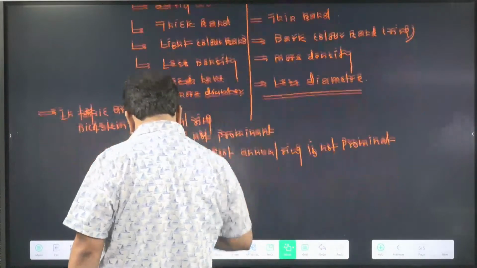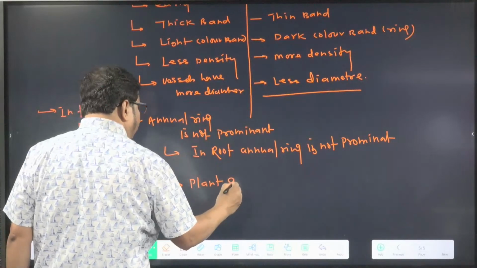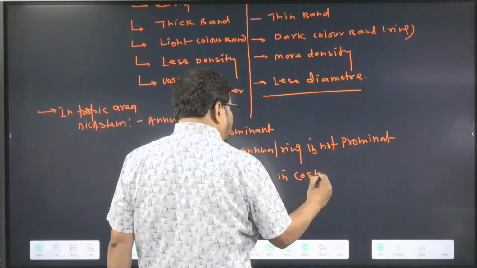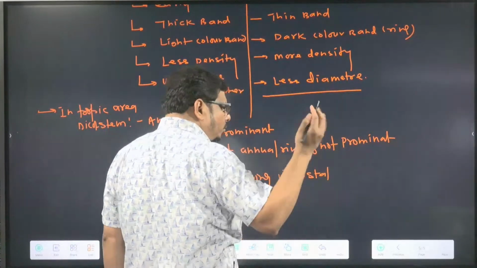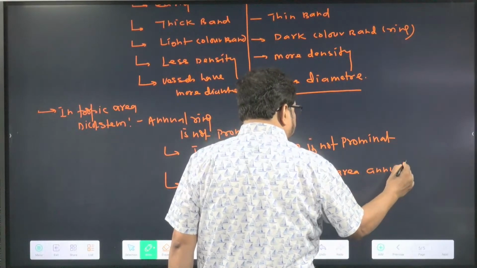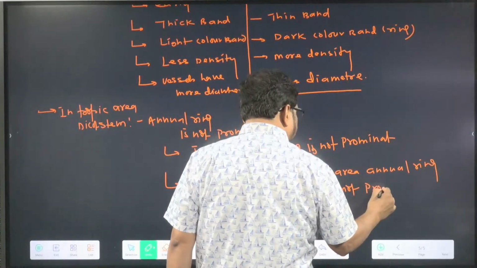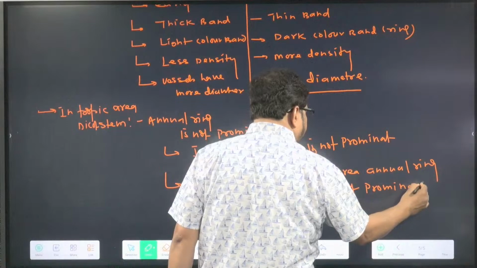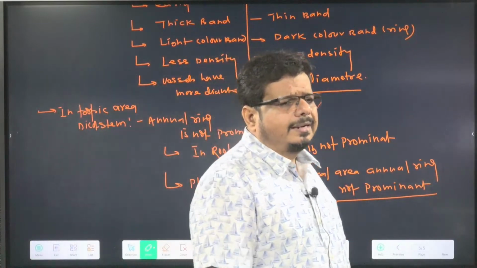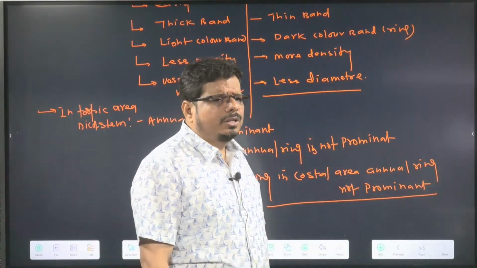Plants growing in coastal areas, annual ring is not prominent, because in coastal areas the seasons are the same, so no seasonal changes occur. Annual ring is not prominent. Ring formation occurs due to which one? Unequal activity. Understand the idea or not? So spring wood and autumn wood are over.